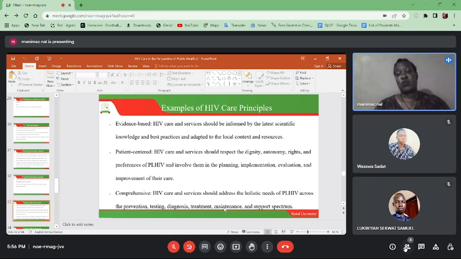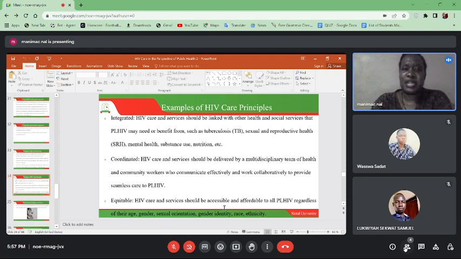This is where we should address the holistic needs of people living with HIV across prevention, testing, diagnosing, treatment, maintenance, as well as the support that we should give them. These people need a lot of support, either from health care personnel or from other individuals. So we need all those kinds of support.